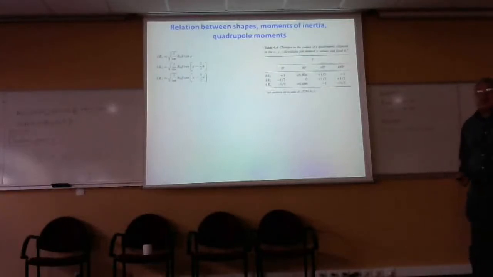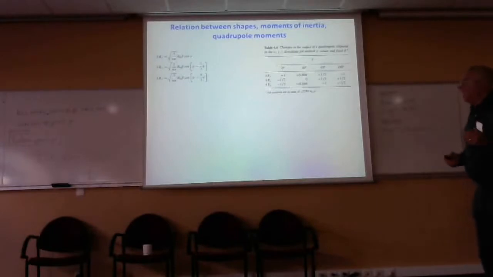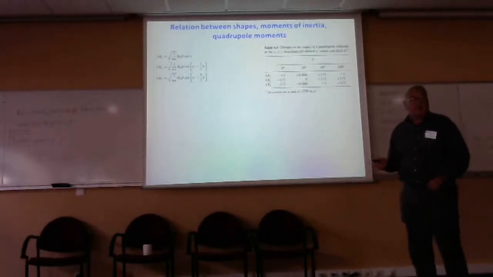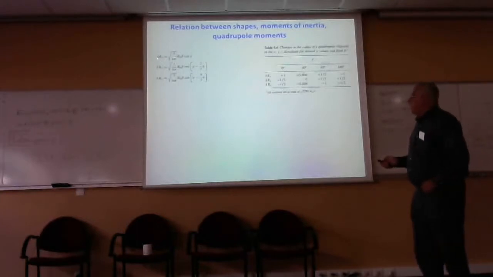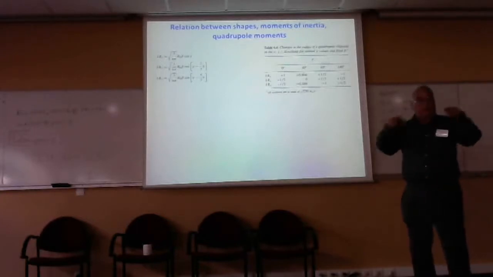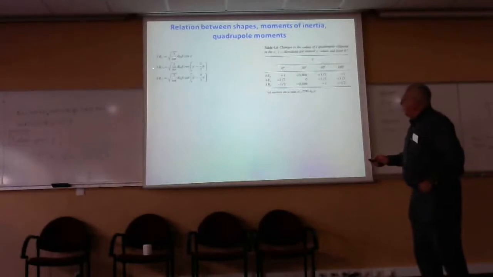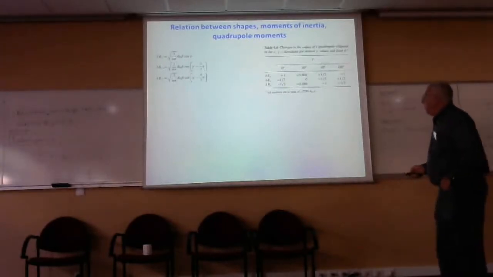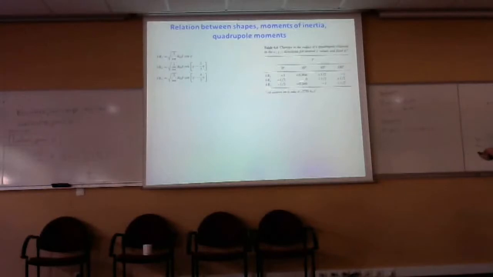First of all, if we have a deformed nucleus, I look at the change in radius relative to the sphere of the same volume in the z direction, which is always the elongation direction, the y direction and the x direction. These are the formulas from the previous slide, and here I collect some numbers. By the way, there are different conventions for gamma.